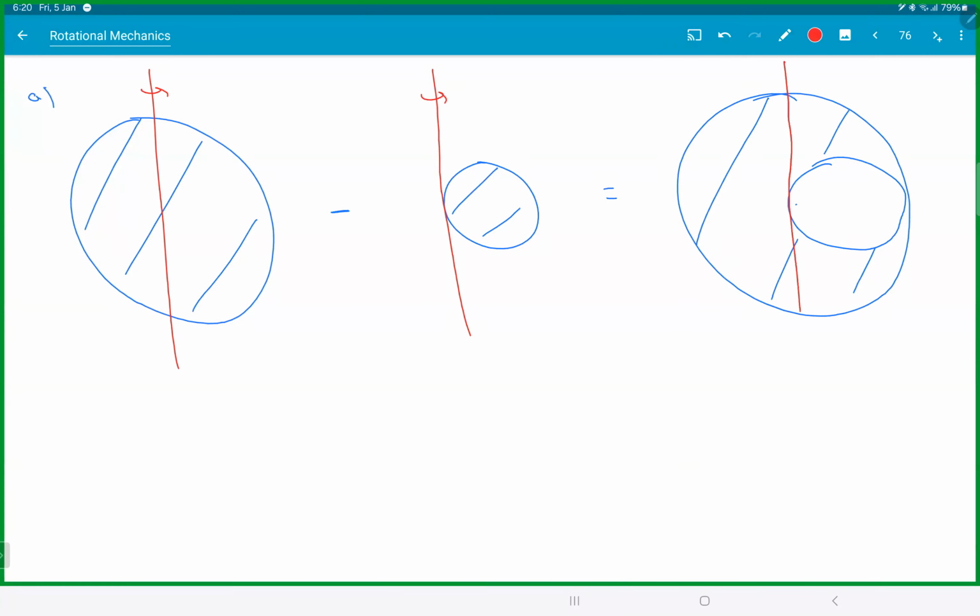For that small sphere, it is an axis about the tangent. If you take this mass as m, which is rho into 4 by 3 pi r cube, this will be small m, which is rho into 4 by 3 pi (r by 2) whole cube, which is m by 8. That means if this one is m and r, this one is m by 8, comma r by 2.